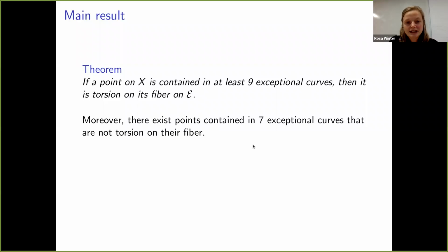And moreover, joint with Julie Desjardins, we found examples of points that are contained in 7 exceptional curves that are not torsion on their fiber. So we know that being contained in 7 exceptional curves does not guarantee torsion upstairs. 9 does guarantee torsion upstairs, and of course 8 is still a question. And at the end of this talk, I will say a bit how we are tackling that at the moment.